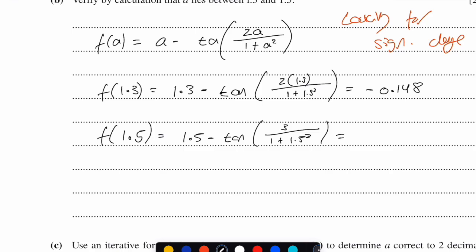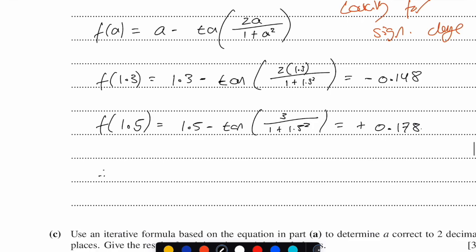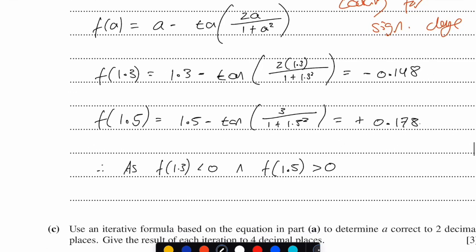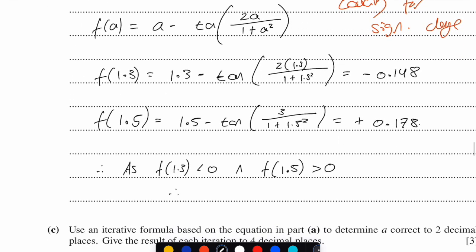If I plug that in, I get a positive value of 0.178. So therefore, as f of 1.3 is smaller than 0 and f of 1.5 is greater than 0, I can say that our root lies between 1.3 and 1.5.